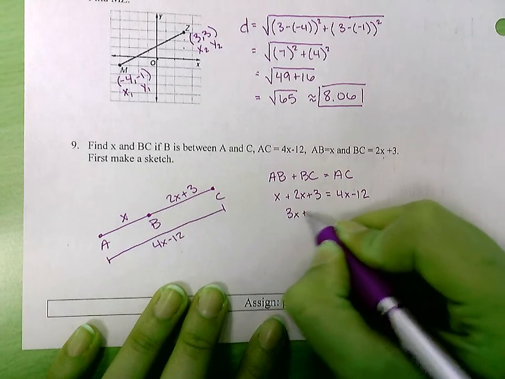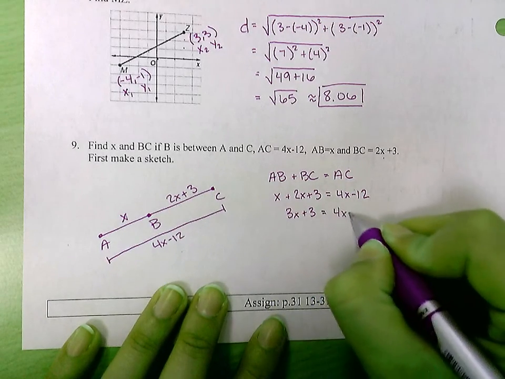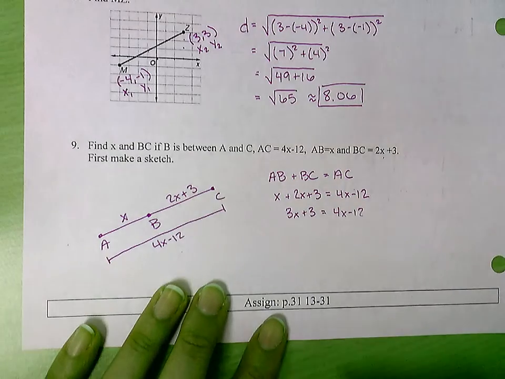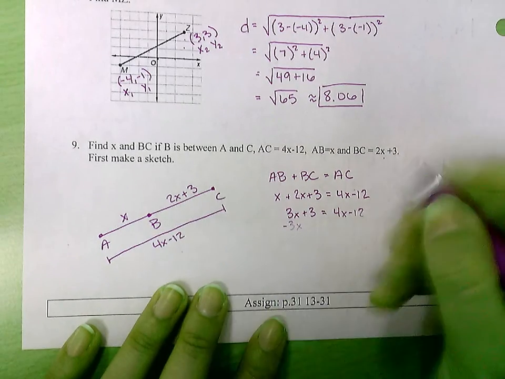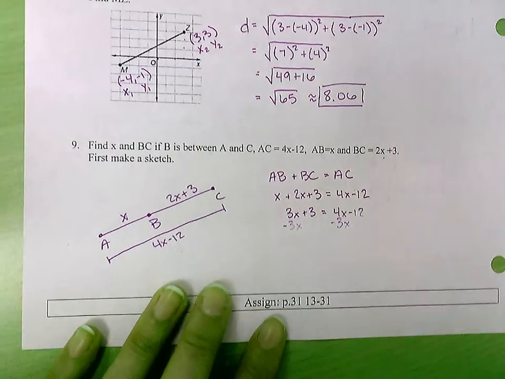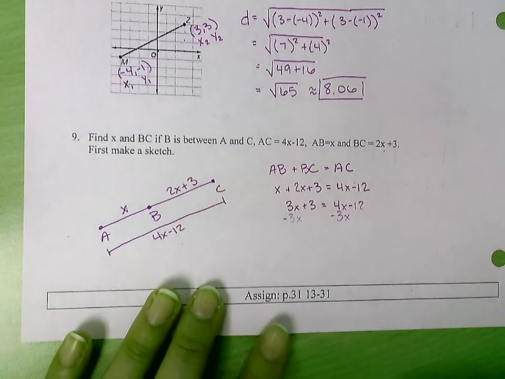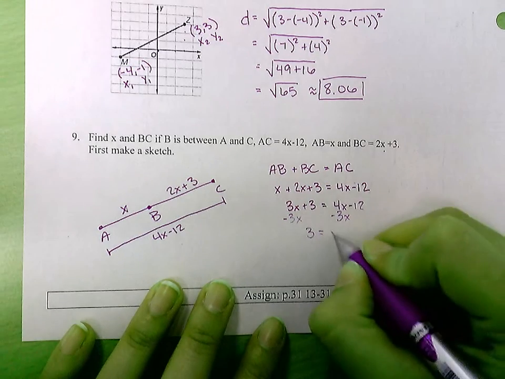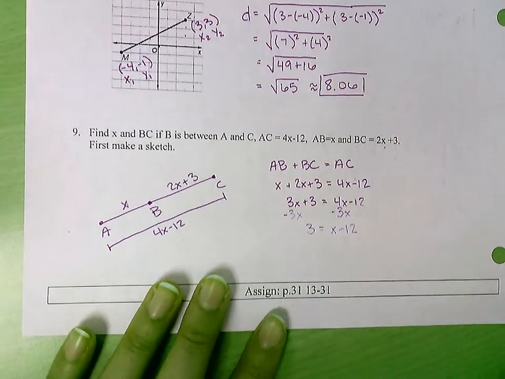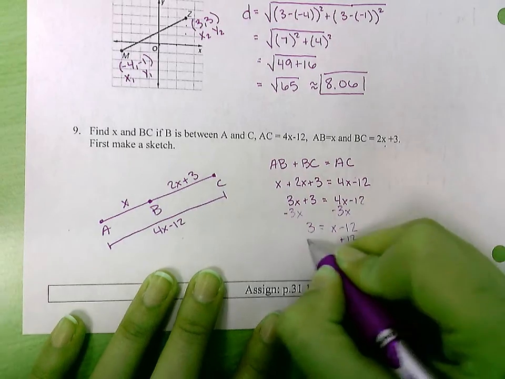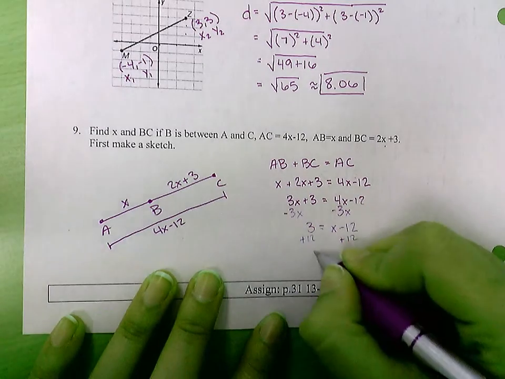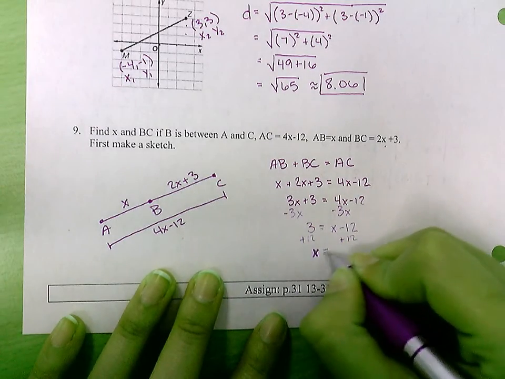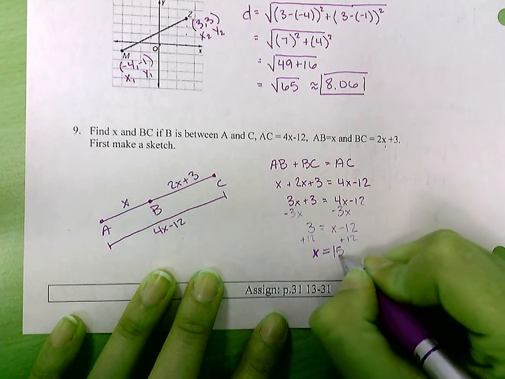So I have 3x plus 3 equals 4x minus 12. I'll subtract 3x. I'm running out of ink here. Which will give me 3 equals x minus 12. Add 12. x will be equal to 15.